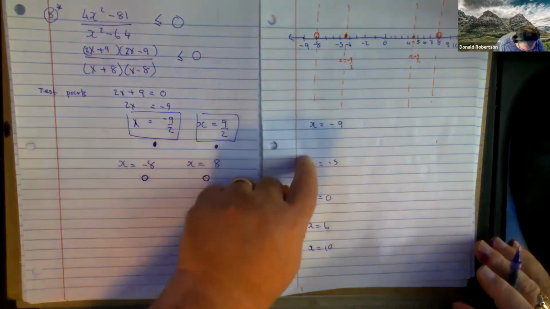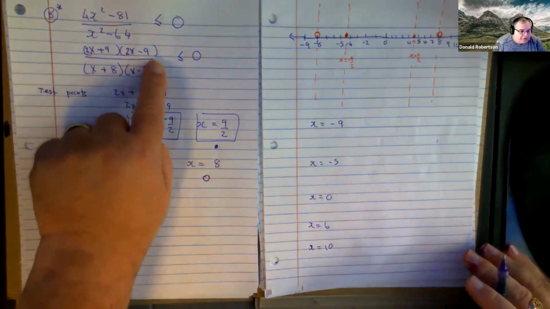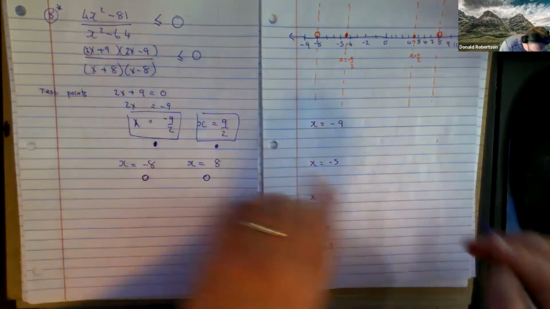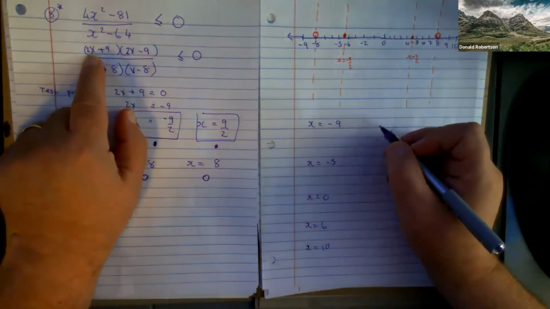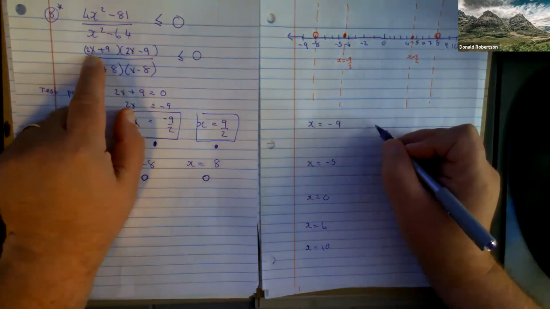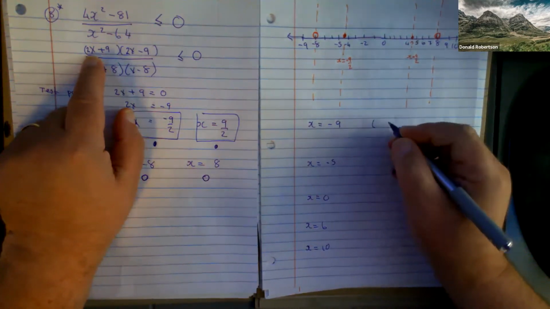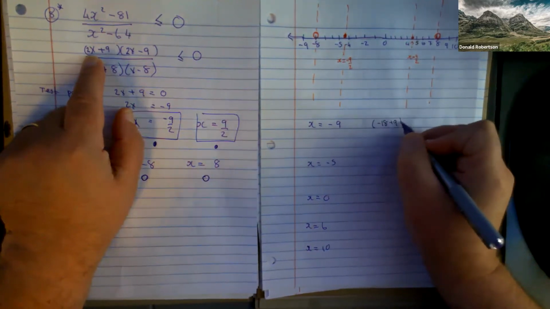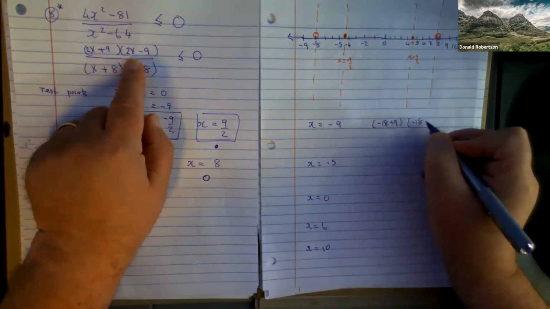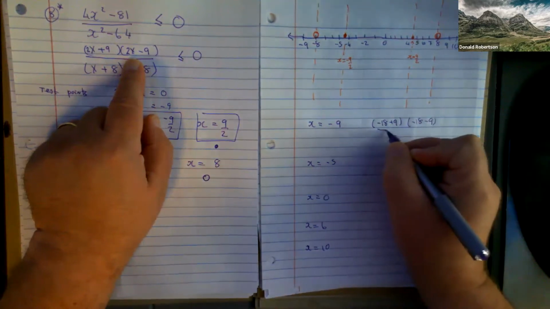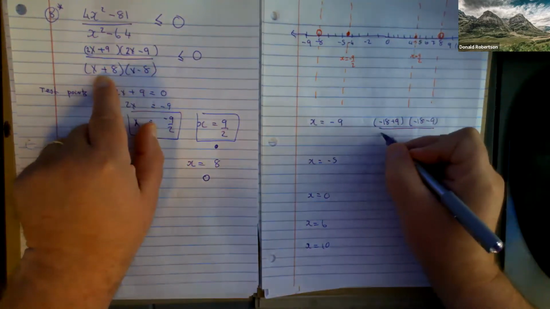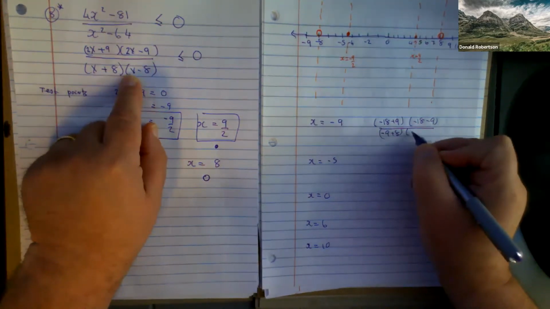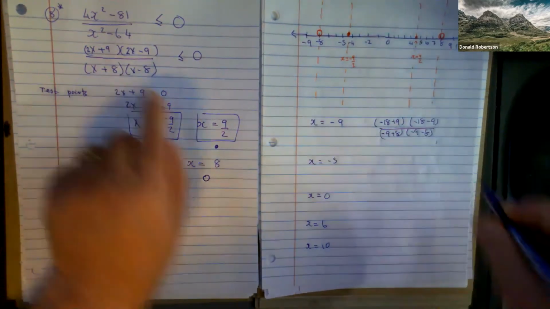Now, for each one of these test points, we find out, does this give you a positive or a negative answer? So this first one is 2 times negative 9, so it's negative 18 add 9, negative 18 take away 9, all divided by negative 9 add 8, and negative 9 take away 8.